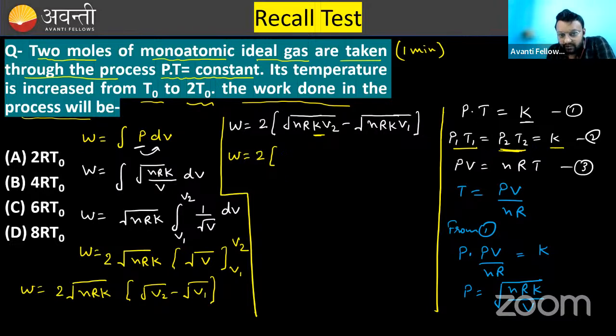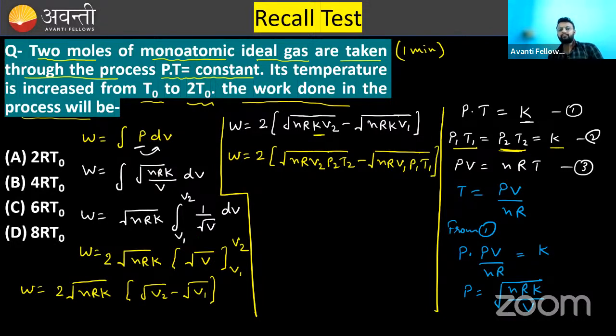So I am placing the values: root of NR V2 and K is P2 T2, minus root of NR V1, which is already there, and K is P1 T1, bracket closed.